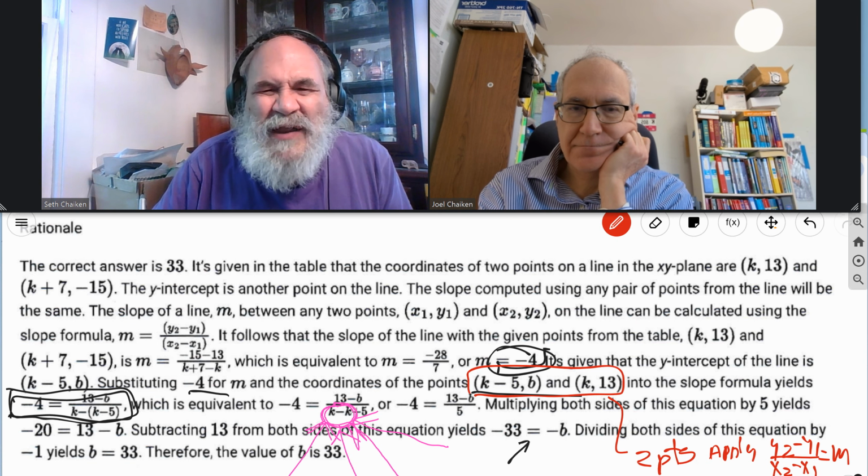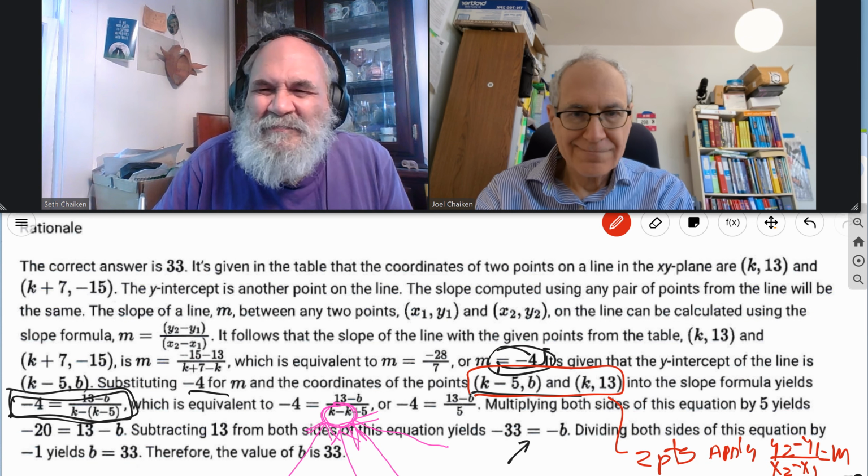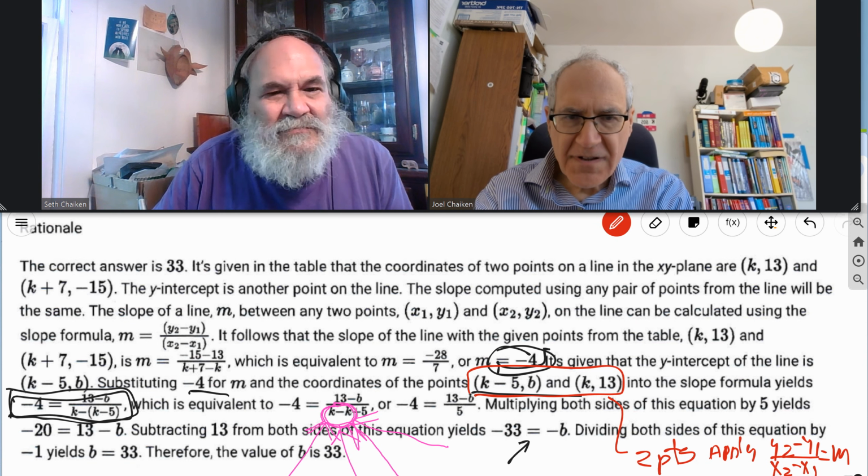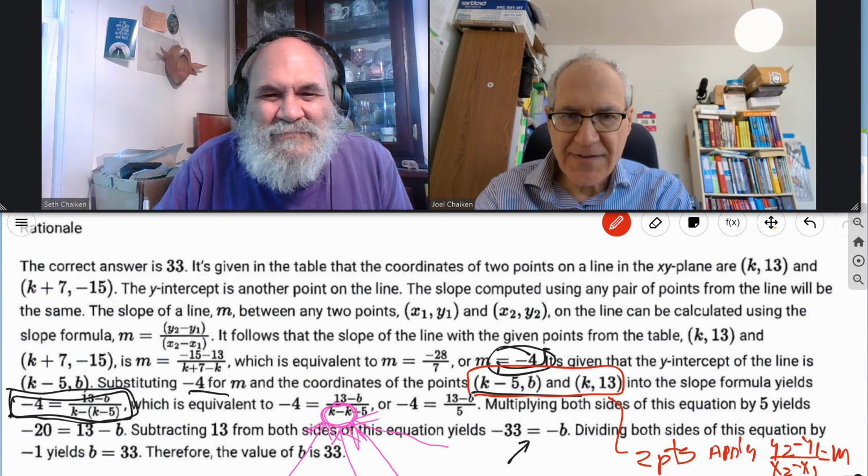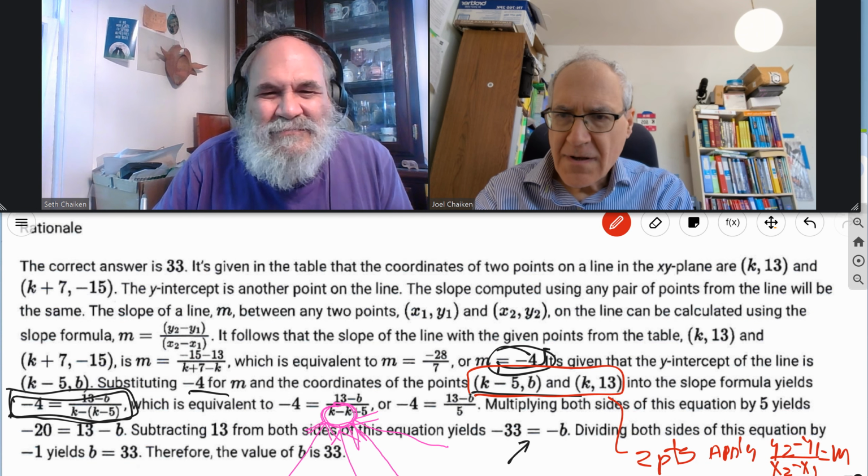So what would happen if they didn't tell you that k minus 5b was the y-intercept? This wouldn't have worked. Wait, how is k minus 5b the y-intercept? Even in k minus 5b is the y-intercept point.